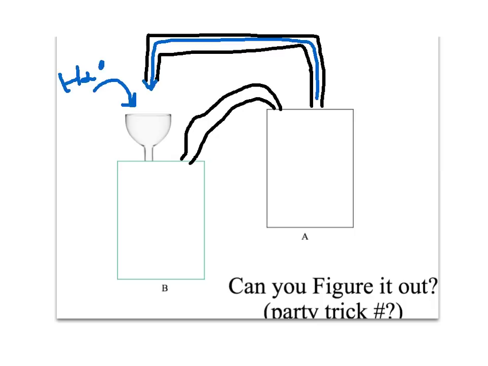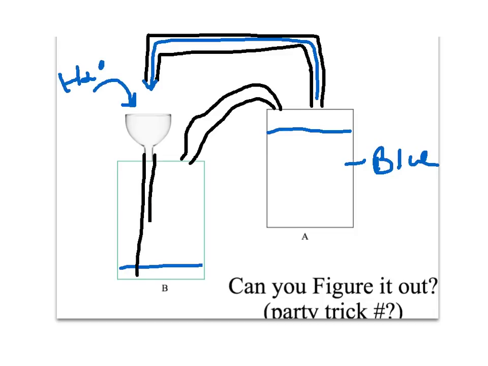So I'll offer a quick explanation here. Here's how it worked. I filled this can A almost all the way up with blue liquid. And then this can, I actually did put a little bit of water or blue liquid at the bottom, and I extended the funnel all the way down here, like that.